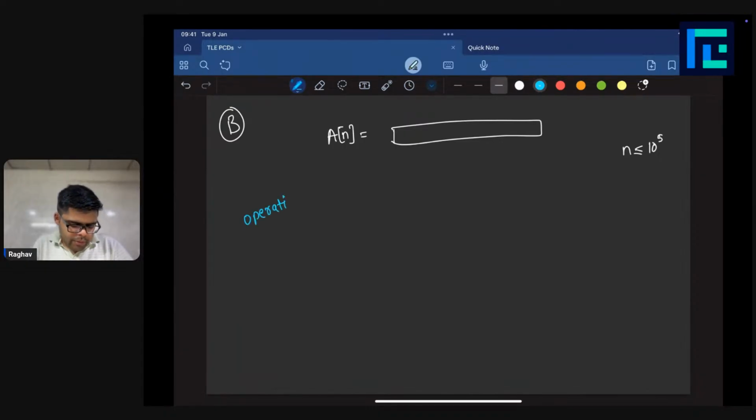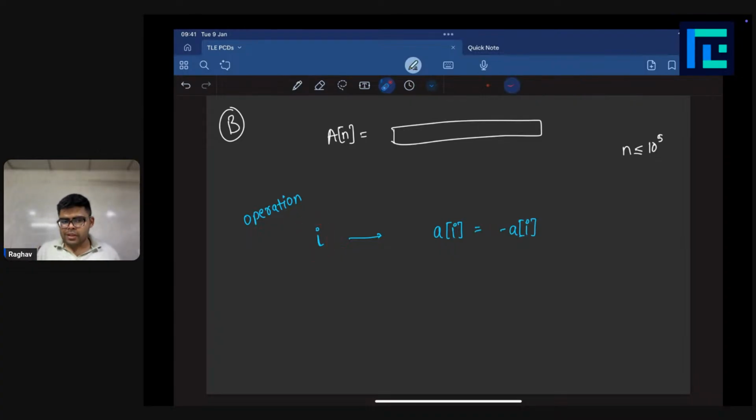In this operation, what we have to do is choose an index i and then set ai equal to minus of ai. Basically, multiply the element on the ith index by -1. You can apply this operation as many times as you want, including zero times.